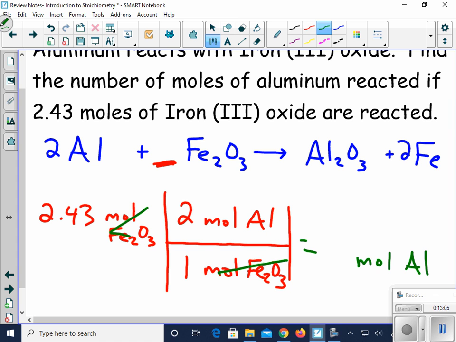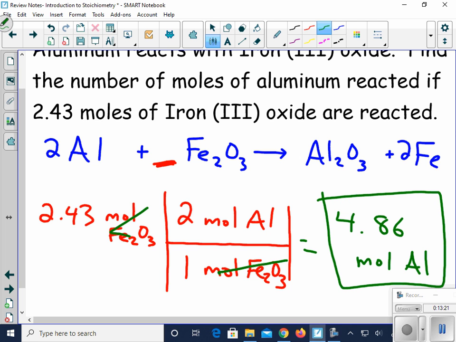So I'm going to take that 2.43, multiply it by 2, divide by 1. So that's going to give me 4.86 with 3 sig figs.